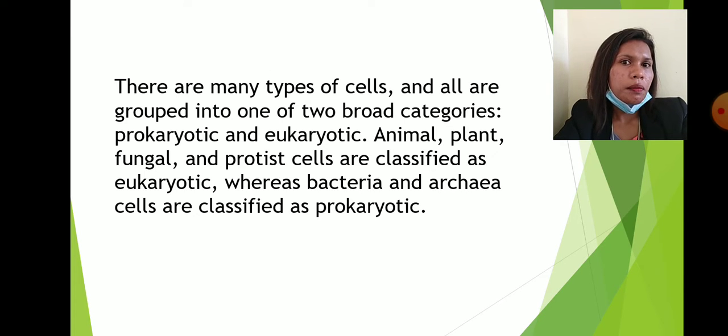Animal, plant, fungal, and protist cells are classified as eukaryotic, whereas bacteria and archaea cells are classified as prokaryotic.